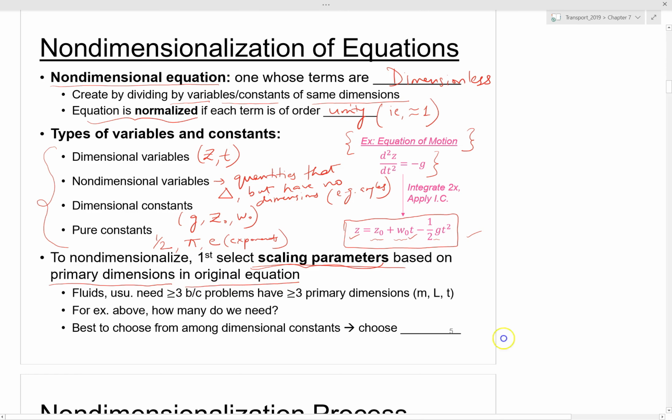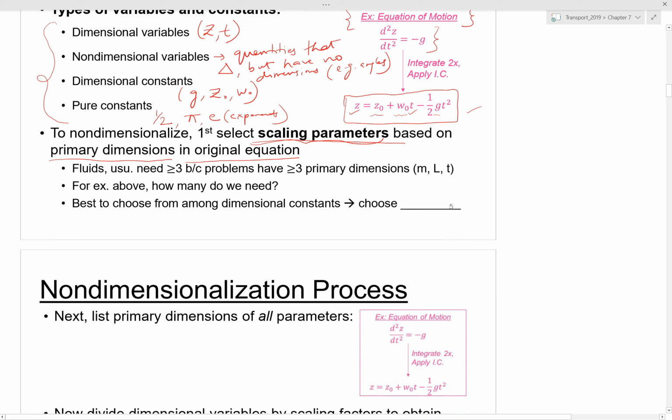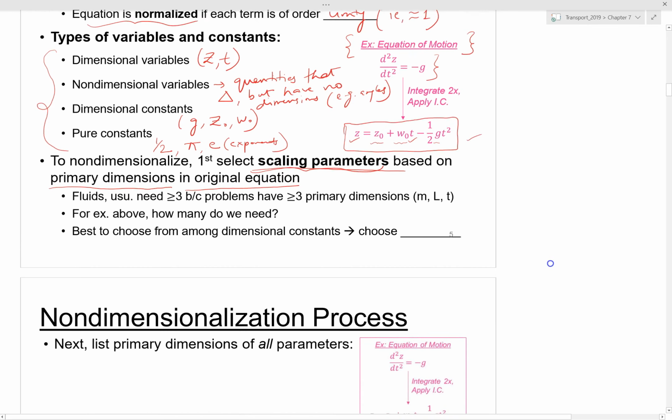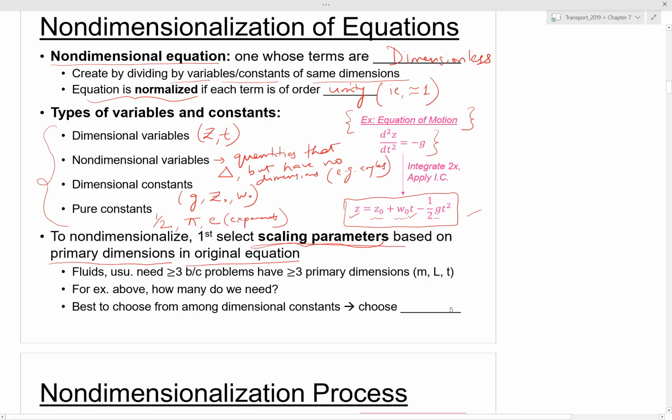So the first step is we find out the primary dimensions.